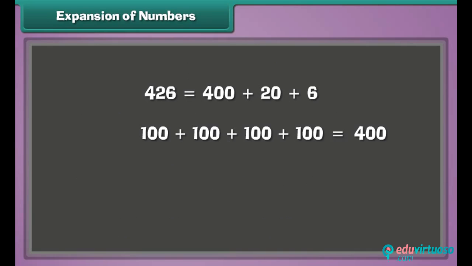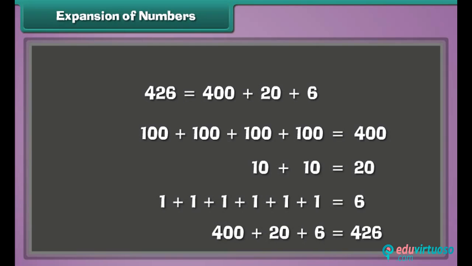Similarly, 426 can be written as 400 plus 20 plus 6. It means there are 4 hundreds, 2 tens, and 6 ones in 426.